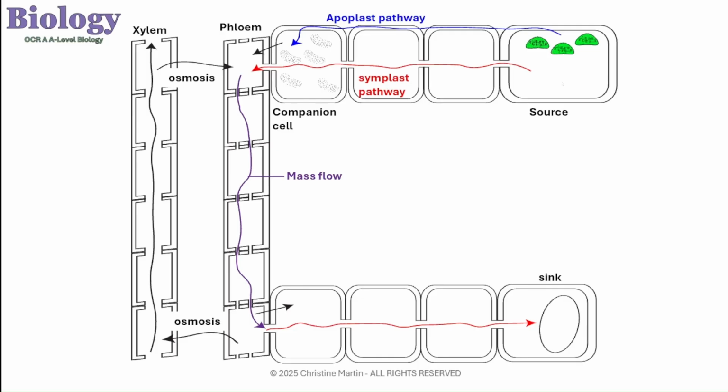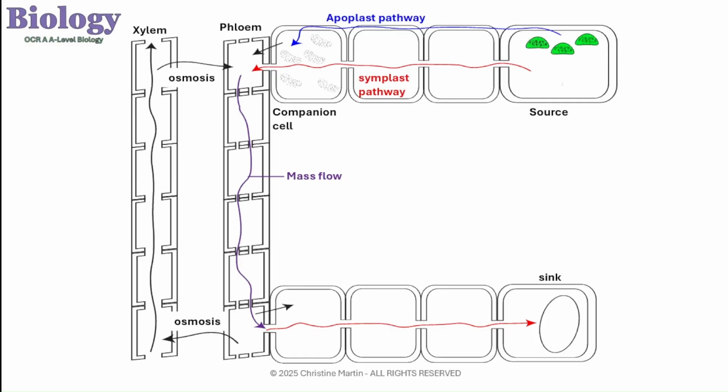Now, the loading into the phloem lowers the water potential inside the phloem, causing water to move from surrounding cells and from the xylem vessel by osmosis. Remember, the xylem vessel has pits which allow the lateral flow of water. So the water will move from the xylem into the phloem down the water potential gradient by osmosis.